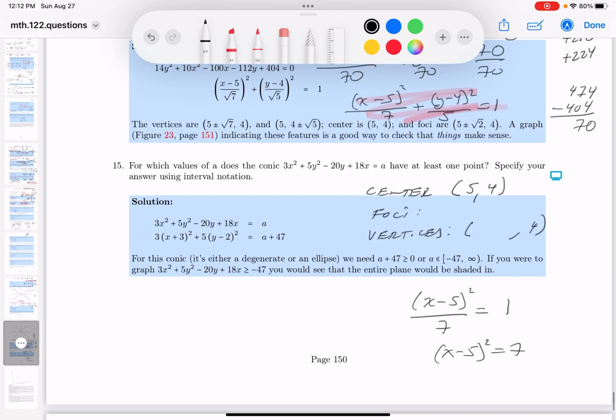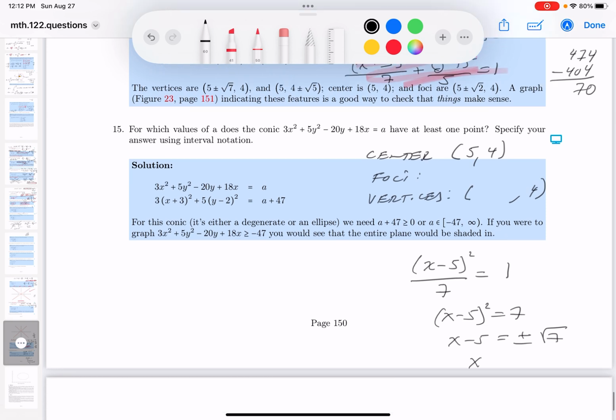Then use the square root rule. x minus 5 equals plus or minus the root of 7. What's x going to be? 5 plus or minus the root of 7. So the first one I'm going to write down is 5 minus root 7, and the next one is 5 plus root 7. Okay, that's done.